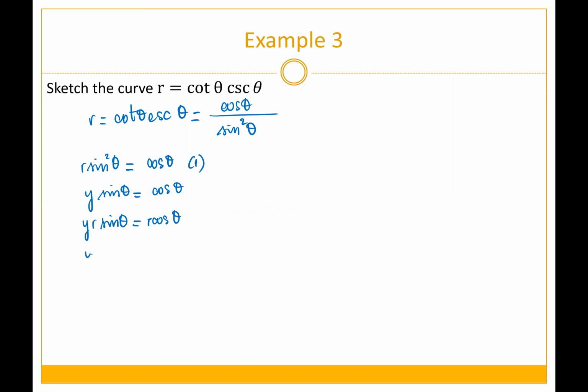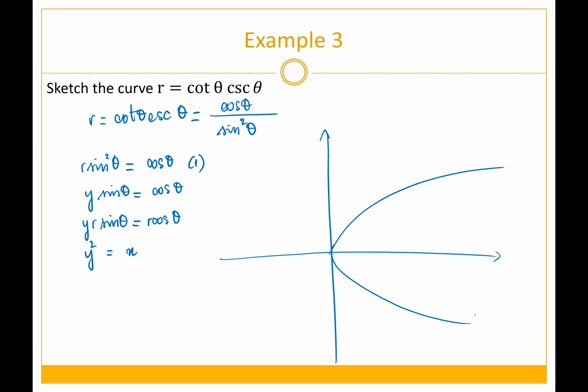But after that, what you end up having is y multiplied by x is equal to... y squared is equal to x. That is the graph, and to do that, we're going to have x equal y squared, so it's going to look something like this.